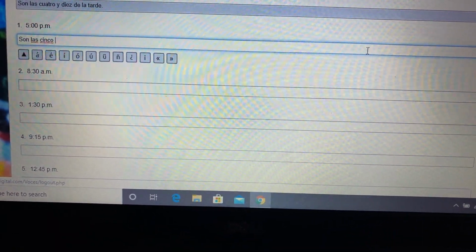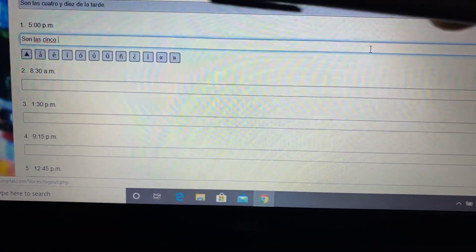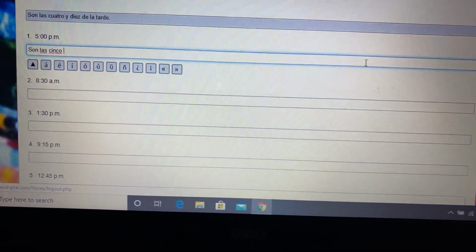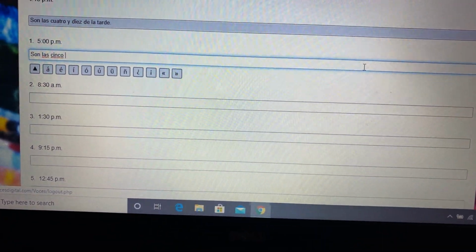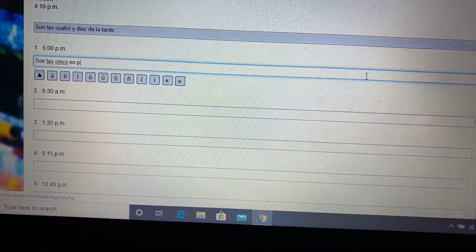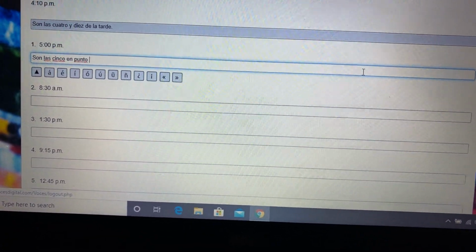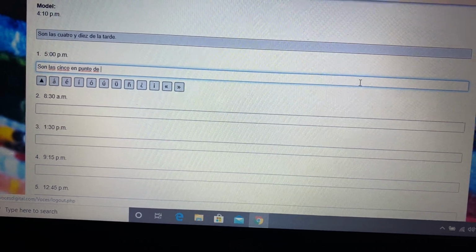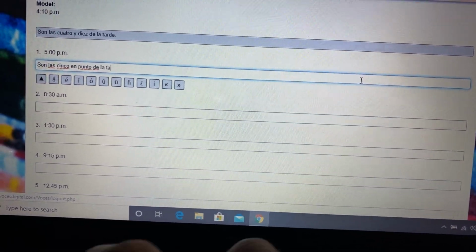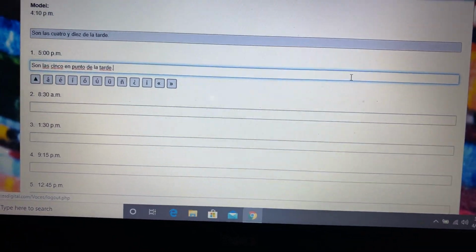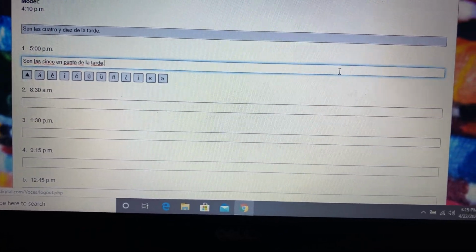And PM is in the afternoon, but because we have 00, that's a special situation, and we have to include the words en punto de la tarde, period, because we need our complete sentences.